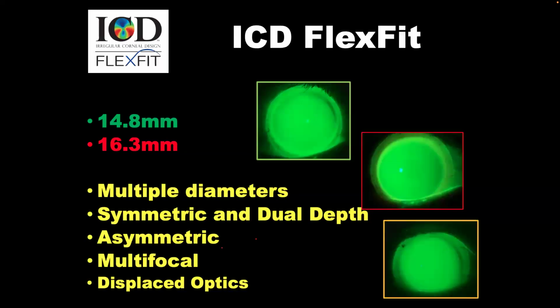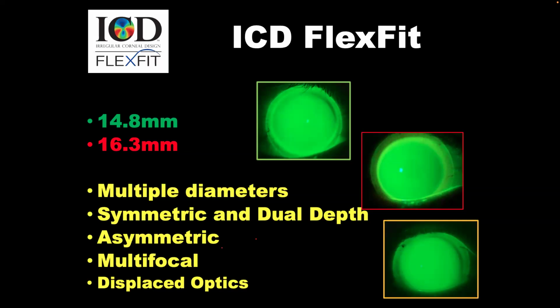So again, this is the ICD FlexFit. Like I was telling you, it was a brief introduction, and it has 14.8 and 16.3 diameters on the diagnostic set. But you can go larger or smaller on each diameter. With the 14.8, you can go from 14 up to 15.5.